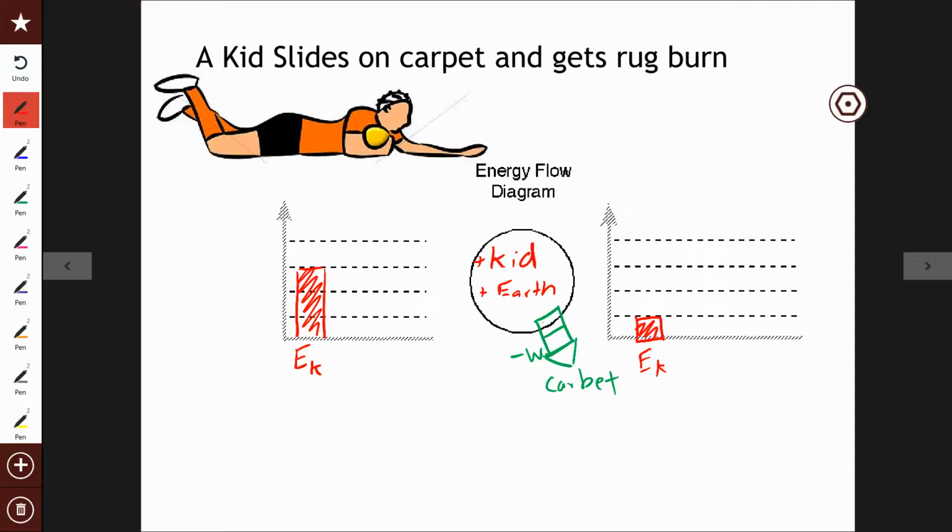So if we had to do this, what would our energy conservation equation look like? EK plus W. And you know what, that's negative.